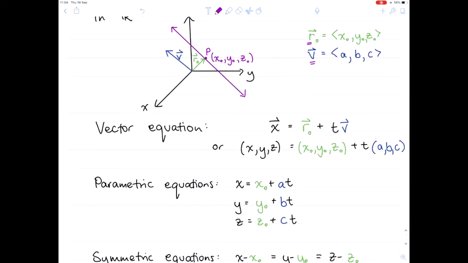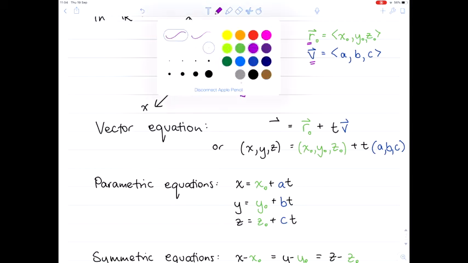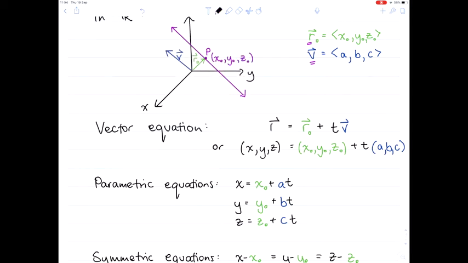For the vector equation, I'm going to change this notation a little bit. I'm going to call this the position r. So this vector r is the xyz position vector of any point on the line, and the way we find that point on the line is by taking the position vector of the point on the line and adding multiples of the direction vector.